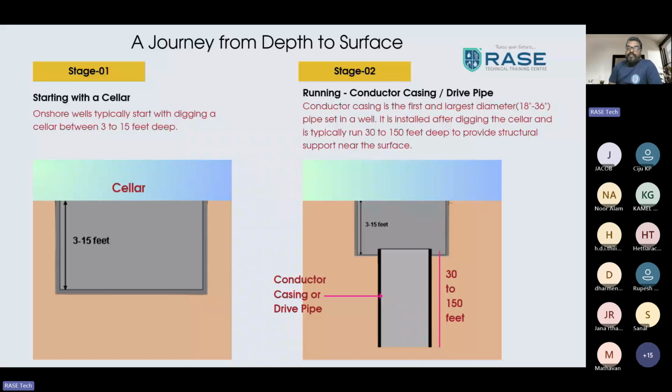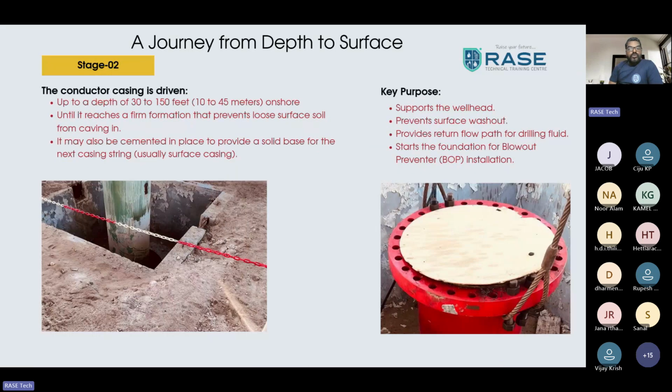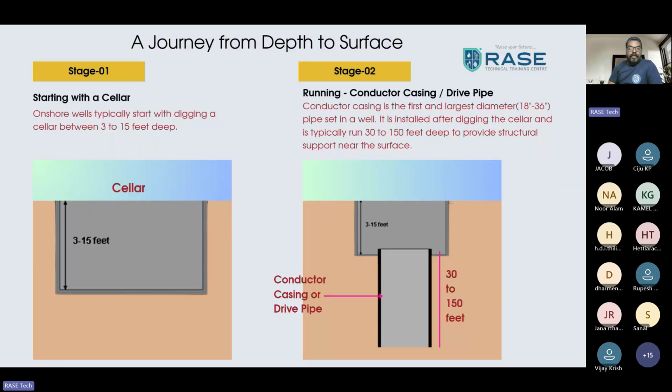It is installed after digging the cellar and is typically 30 to 150 feet deep to provide structural support near the surface. So we will come to stage 2. This is stage 2. We will go into a little more detail about stage 2.